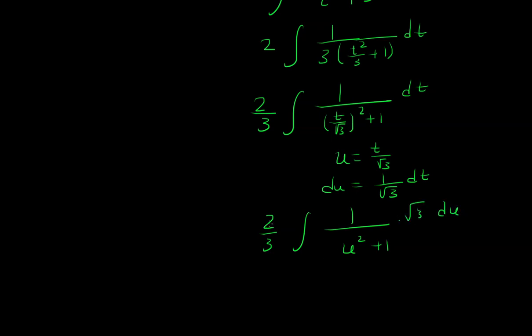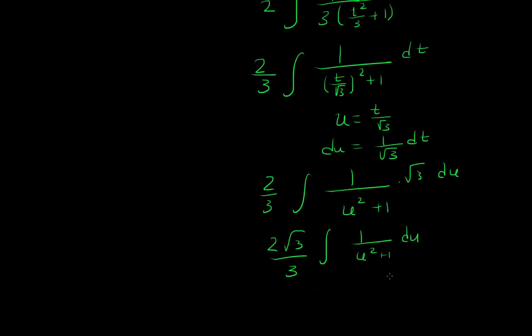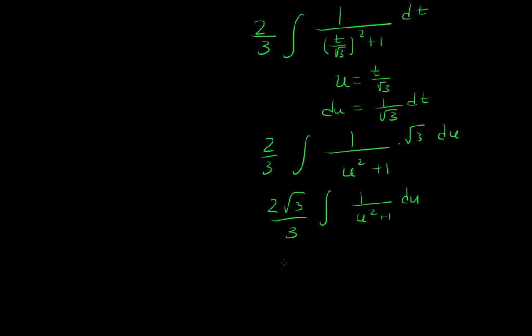This square root of 3 will come outside. So you have 2 root 3 over 3. And then integral 1 over u squared plus 1, which is just going to be arctangent of u. Plus a constant c. But remember, u was t over root 3.